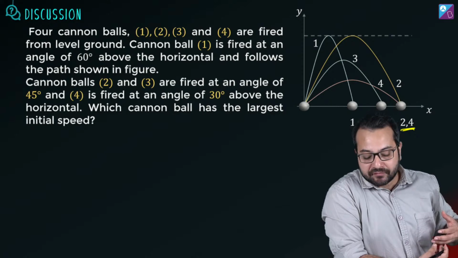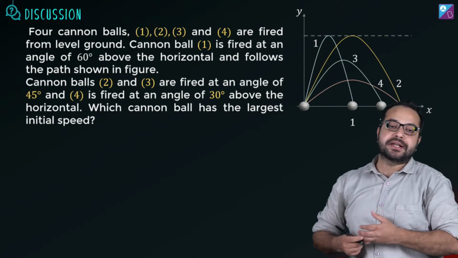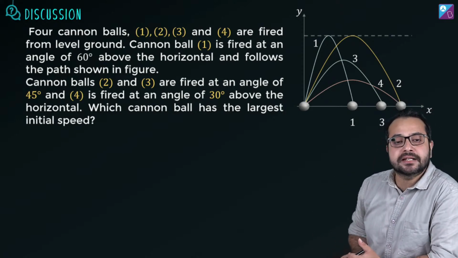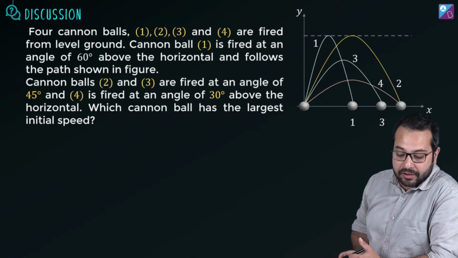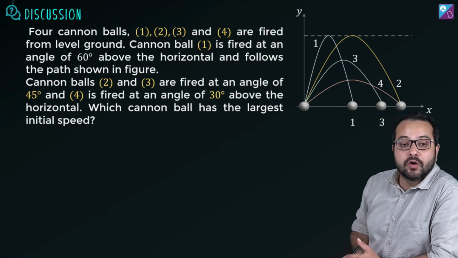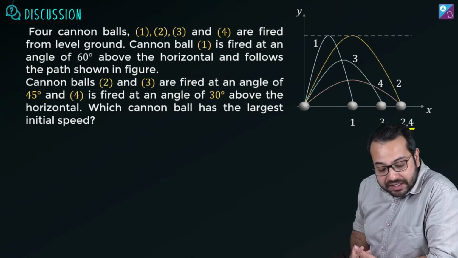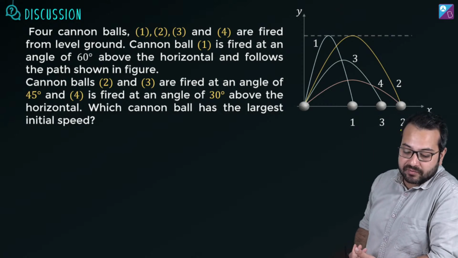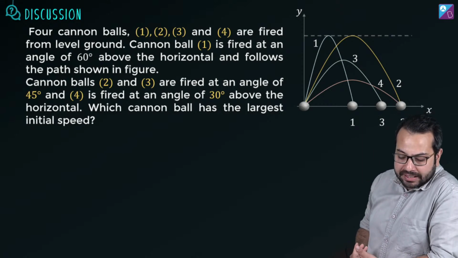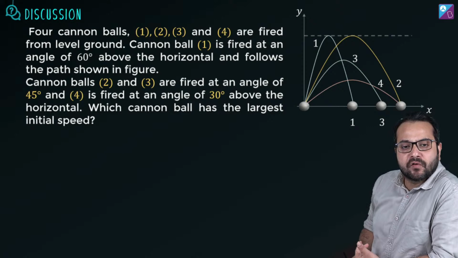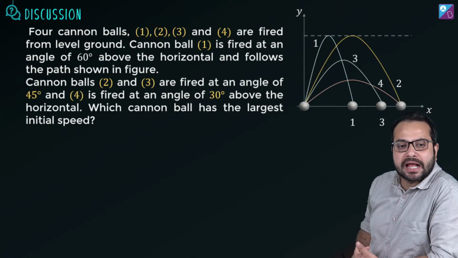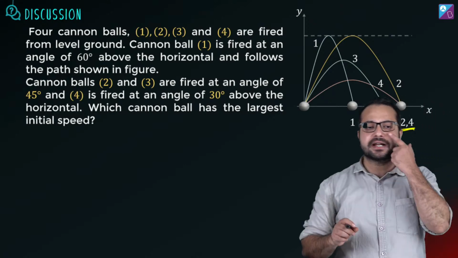That needs minimum velocity for same range, right? ठीक है. So that is a very good thinking, Swastika. Very good. 1 and 4 will have the same range for the same velocity. Why is that?